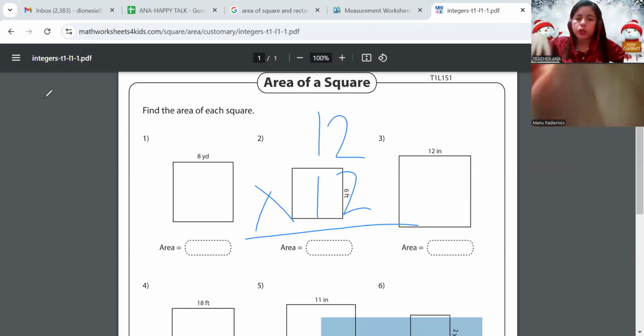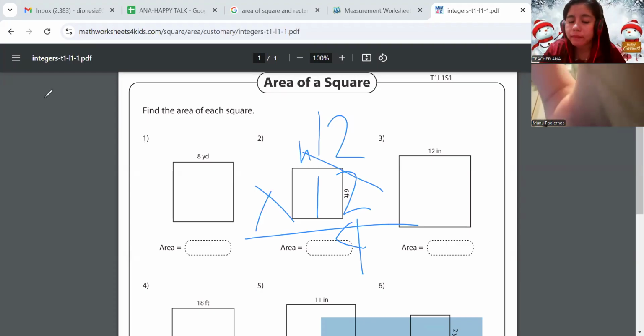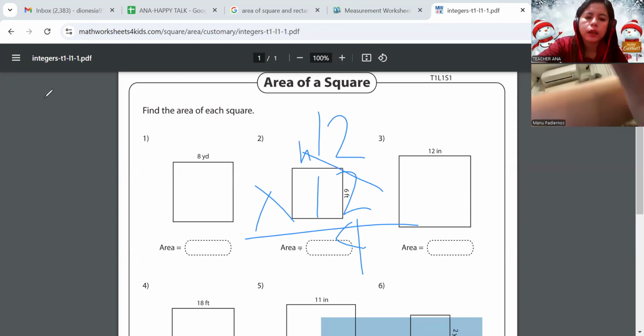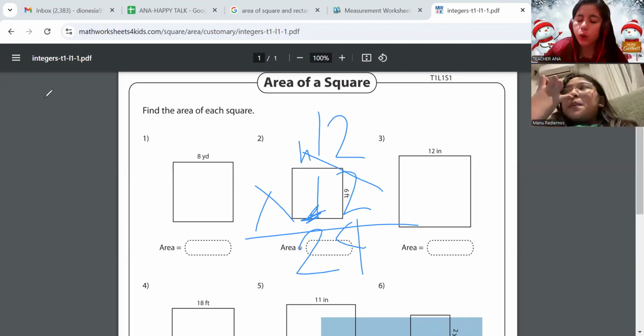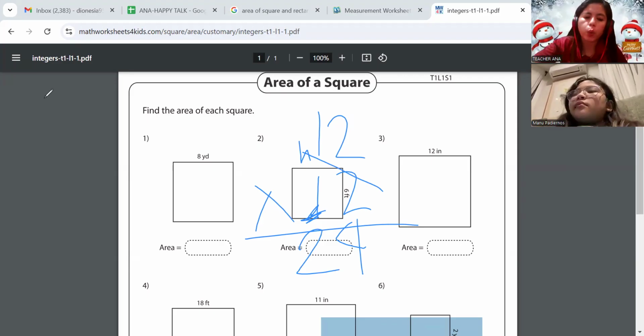4. And then 2 times 1 here. What's your answer? 2. And then the next digit, second line, 1 times 2. 2.